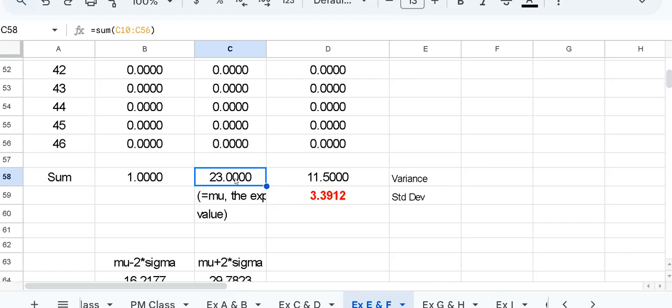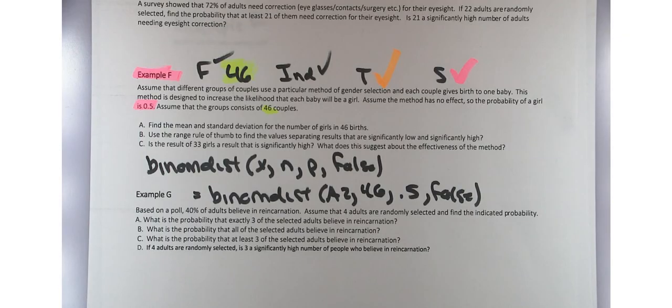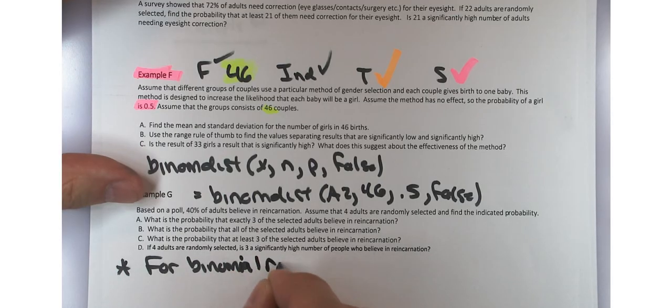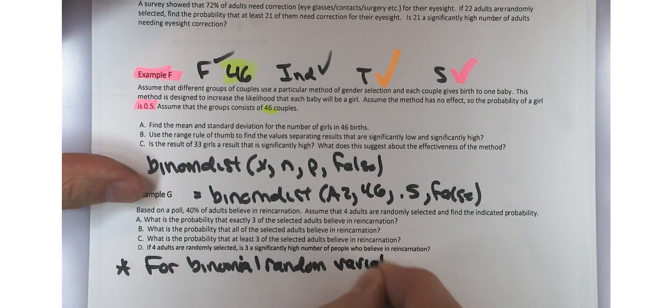Divide by 2 is the same thing as multiplying by 1/2. So the shortcut for us, for binomial random variables only, is this. Let's put a little asterisk: for binomial random variables only.